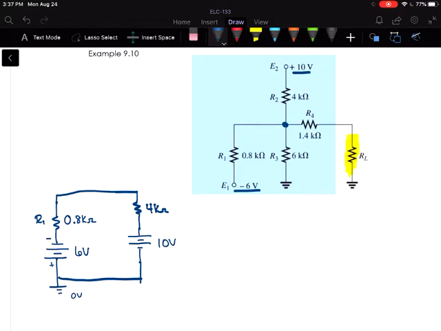And then I've got my 6K, which goes straight to ground from there. And then the 1.4K, right here, and of course RL, which goes to ground. Let me just connect all that up.